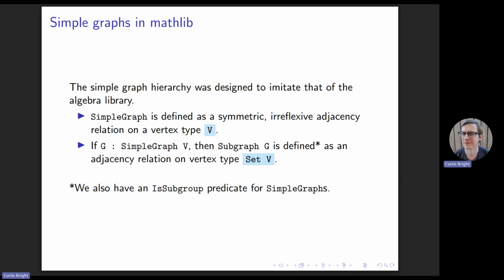Okay, so simple graphs in mathlib. They were the first definitions that we had. The simple graph hierarchy, as I mentioned, was designed to imitate that of the algebra library. Because, as I've mentioned with the algebra library, it's easier to work directly with types or terms in the type as opposed to dealing with sets.